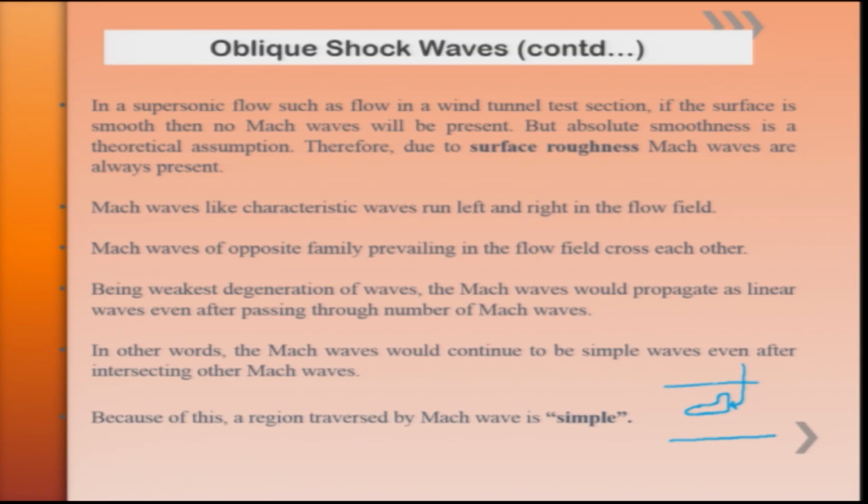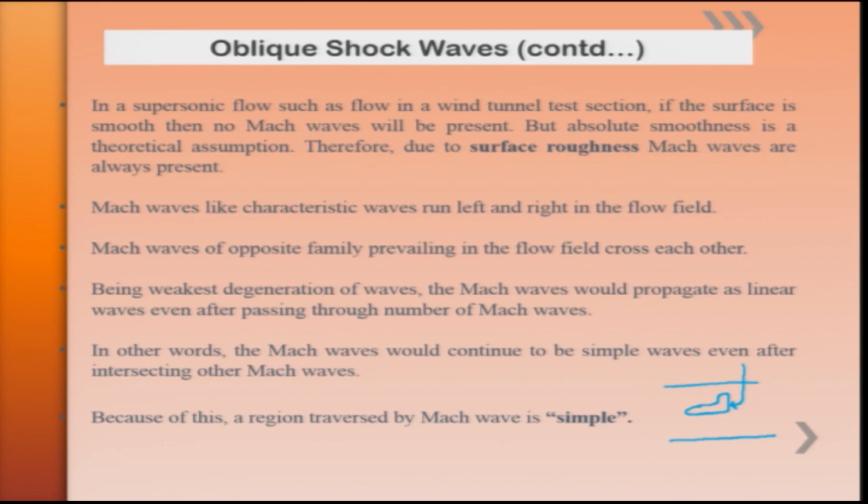Even if you try your level best, a perfectly smooth surface is a theoretical assumption. Since roughness is always present on the wall of this test section, Mach waves will always be present.